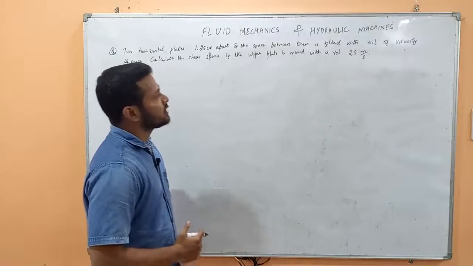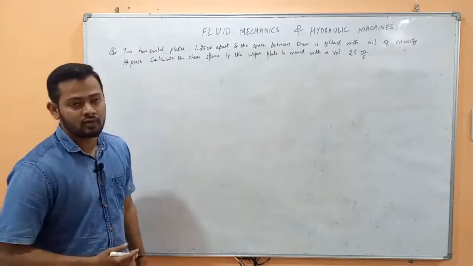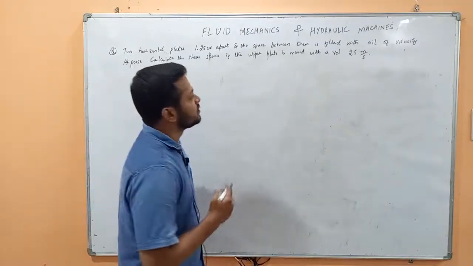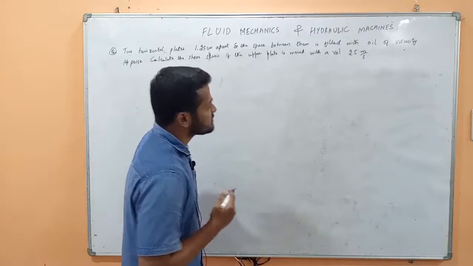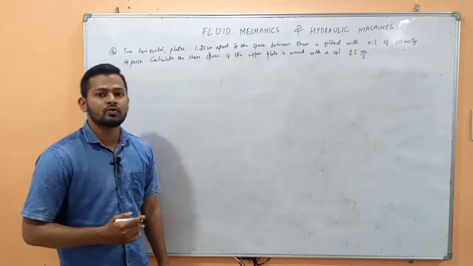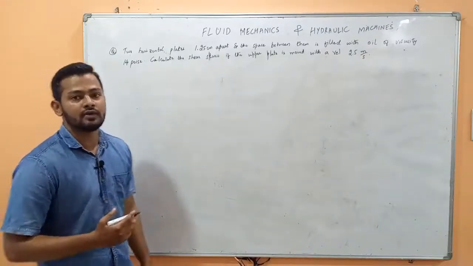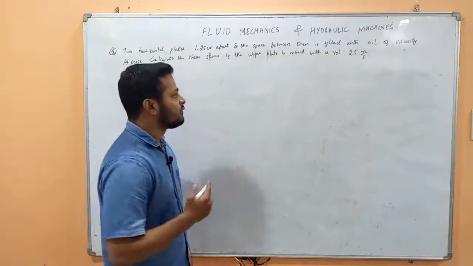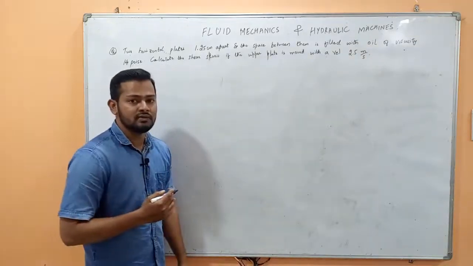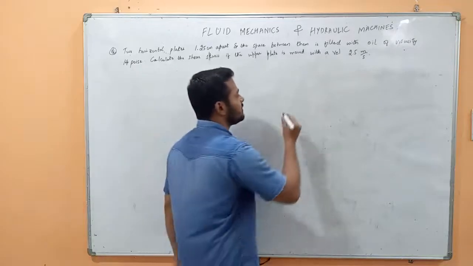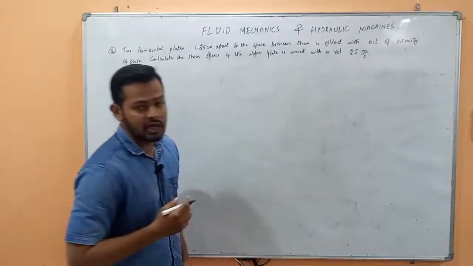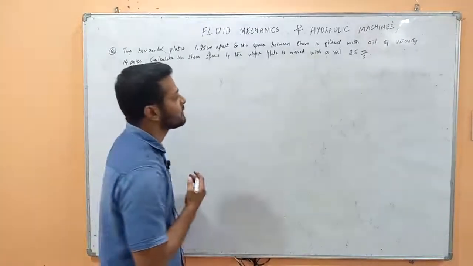Before starting problems I will give you some basics about how to solve problems. So the first step to solve any problem is to convert the given problem in terms of SI units. For converting those units, there are a few very basic things you will have to remember.